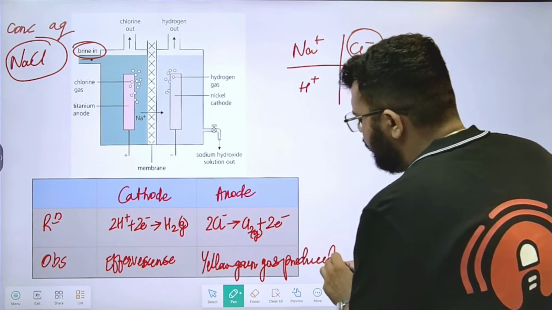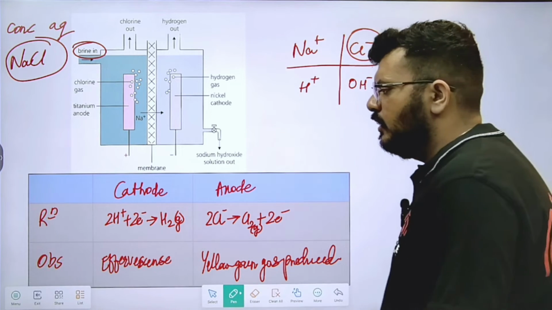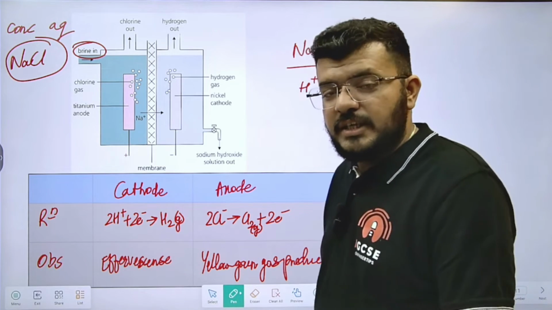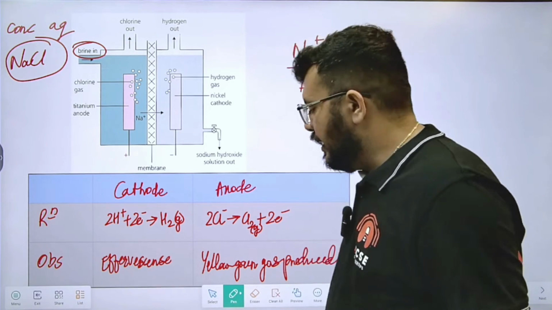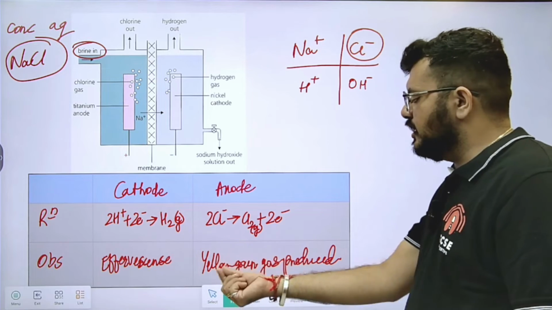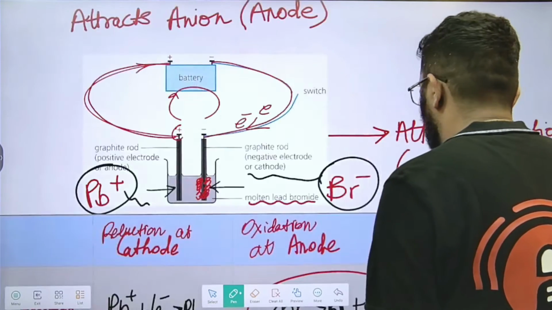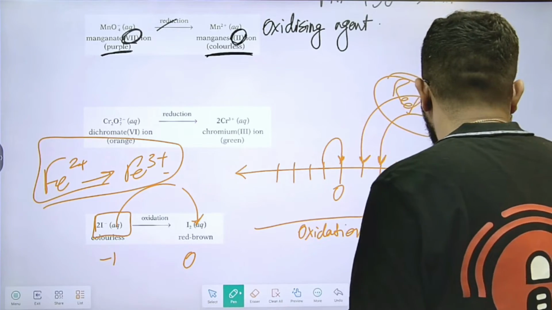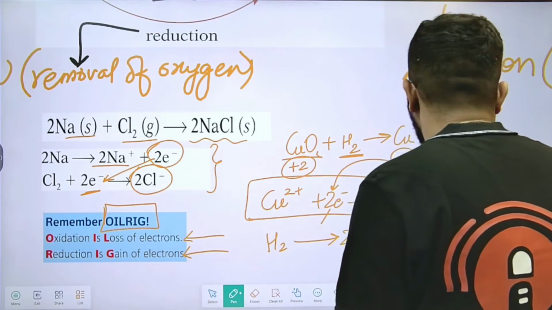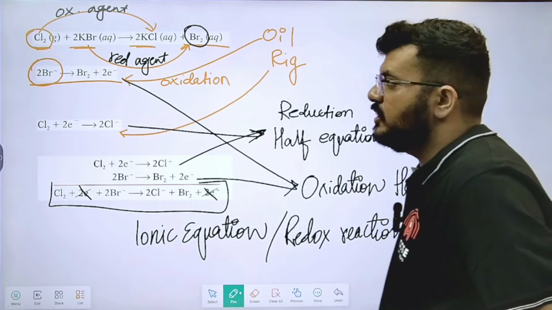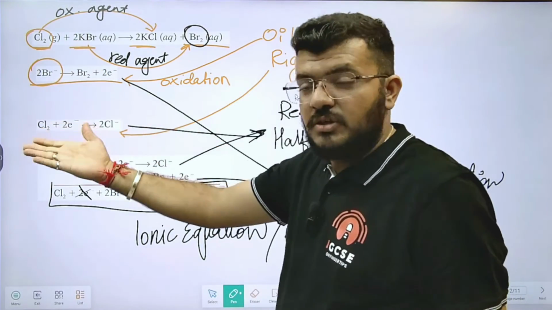Now I have written effervescence, bubbling. Is it okay if you write colorless gases produced? Yes, it is. The only colored gas here is yellow green gas. There is one more situation where you will observe something happening. In this, what is the observation of this reaction?